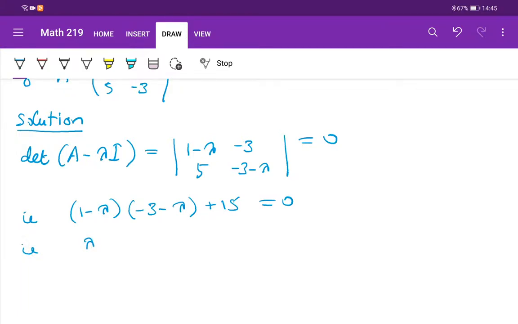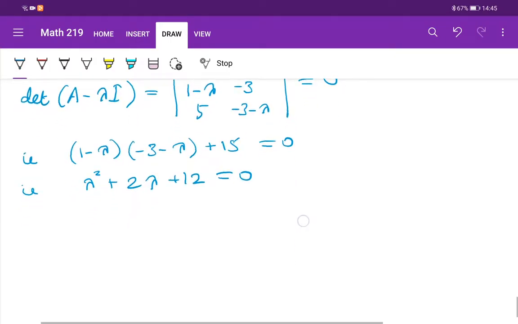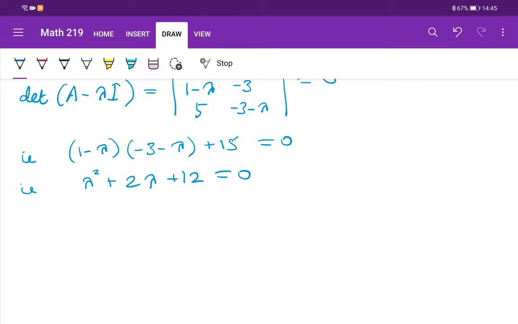It's a quadratic equation of the form lambda squared plus 2 lambda plus 12 equals 0. And this has no real roots, so we complete the square to see what the complex roots are. You can write this as (lambda plus 1) squared is equal to minus 11.